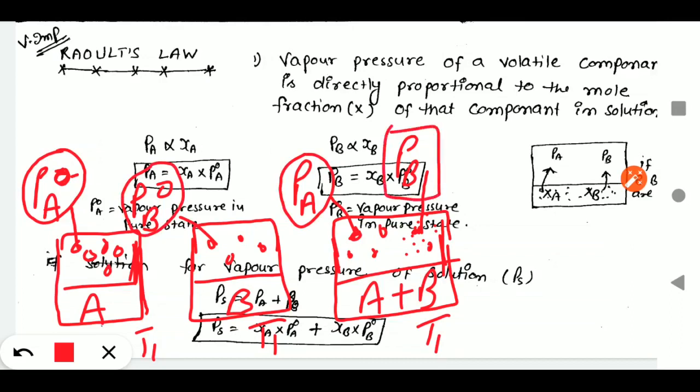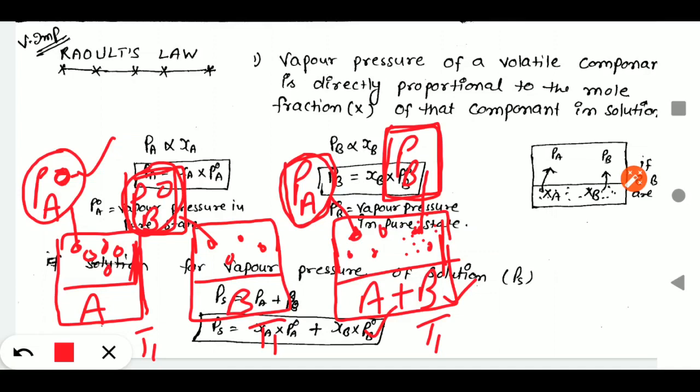So what is the difference? Here PA naught is the vapor pressure of the pure state, and PA is the vapor pressure in a solution in which both solvent and solute are there. Similarly, P naught B is the vapor pressure of the pure state and PB is the vapor pressure in solution. So you should make the difference between P naught and P.